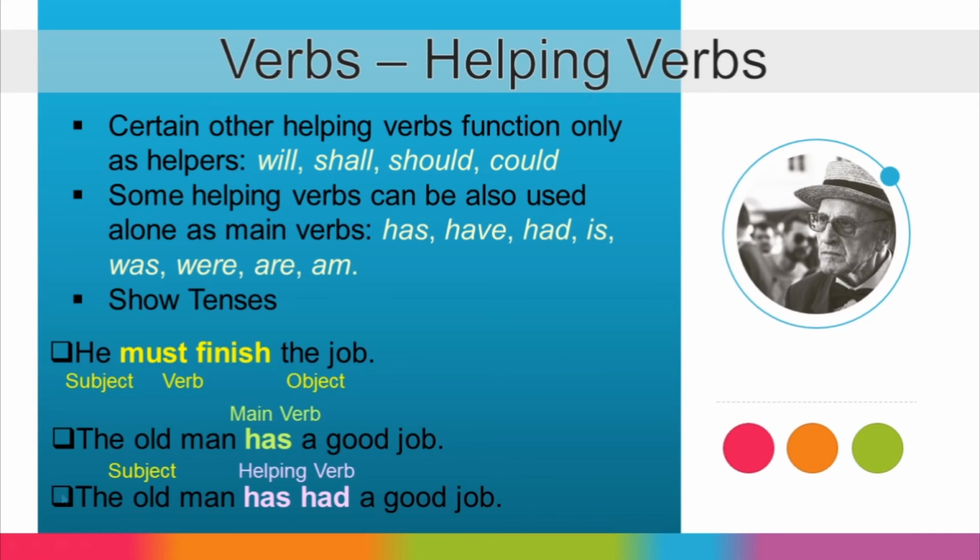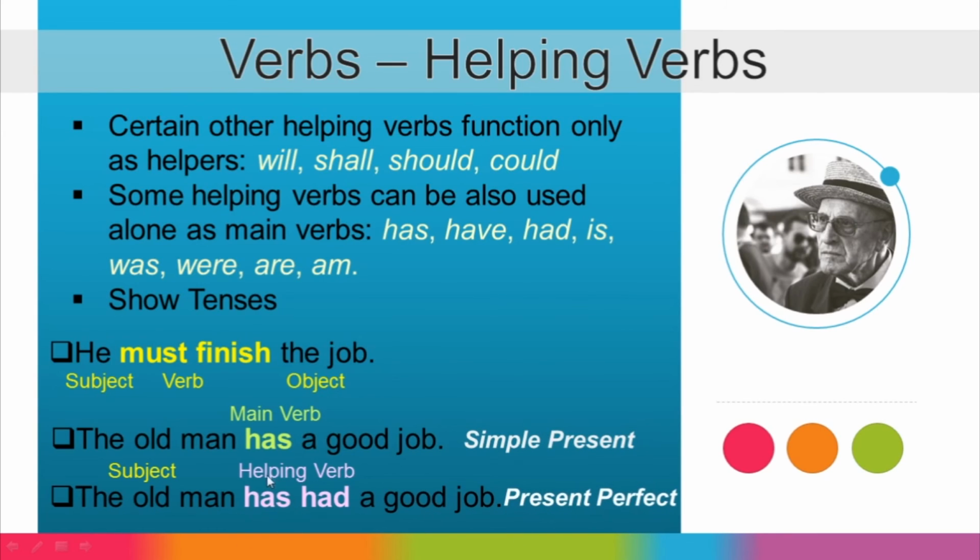So in this case, the subject is the old man, as in the same. Has in the first sentence has become a main verb, showing ownership, while has here is just a helping verb, and this will be the main verb. The tense here is simple present, and the tense here is present perfect.